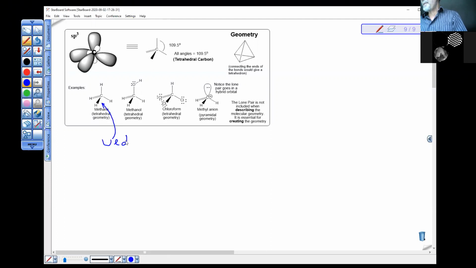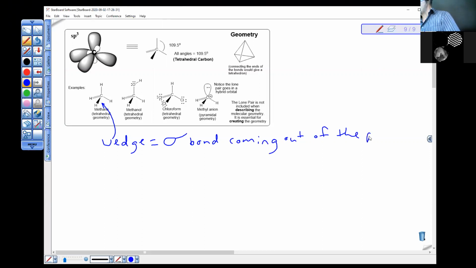Wedge is a sigma bond coming out of the page. And this here is a dash.